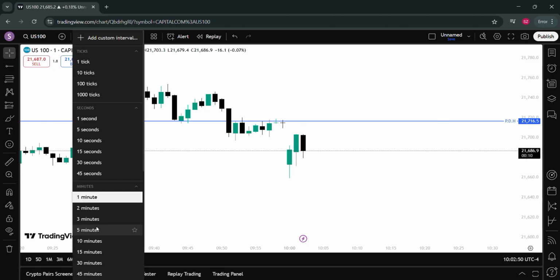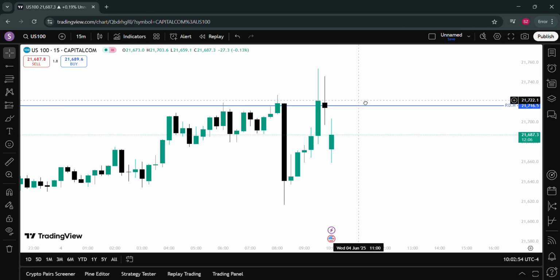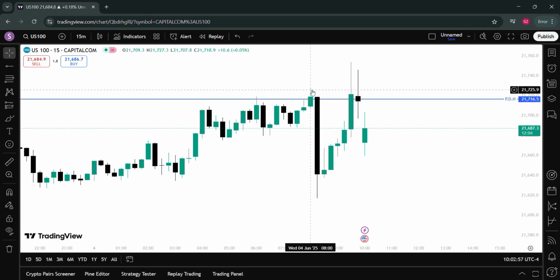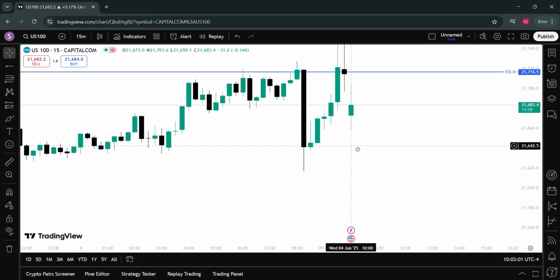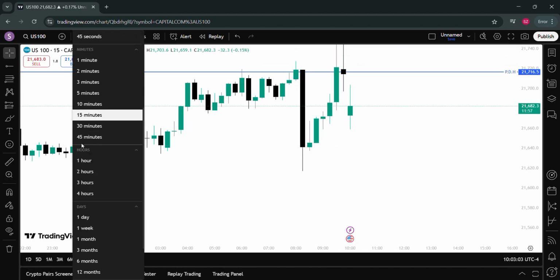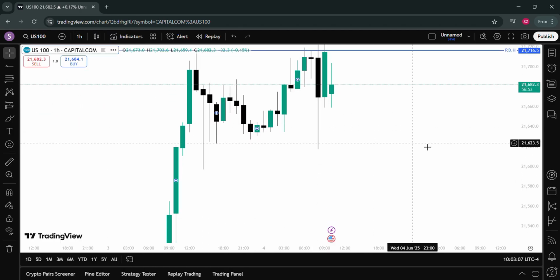I think I'll take a look again at 15 minutes. Okay. See, price has taken this upside liquidity. Where do you see price going in the 1 hour? That's what I'm looking for.